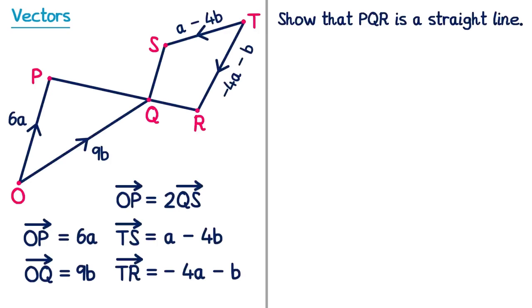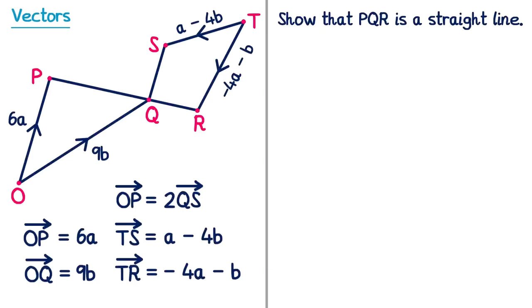One of those letters must appear in both of those vectors, and we need to show that those resulting vectors are parallel. So the options we have are we could find the vectors PQ and QR, or we could find PQ and PR, or we could find PR and QR.